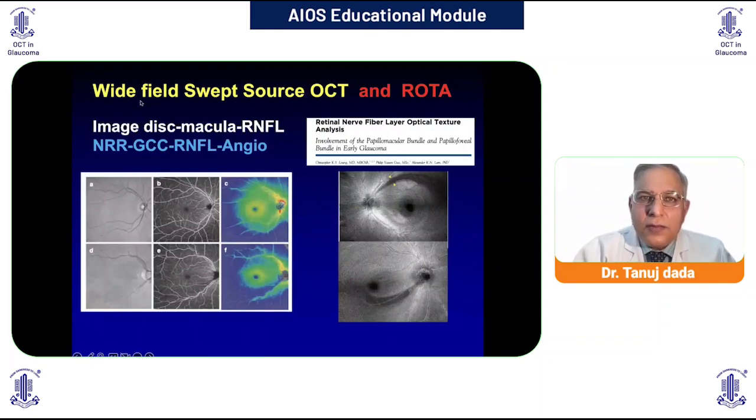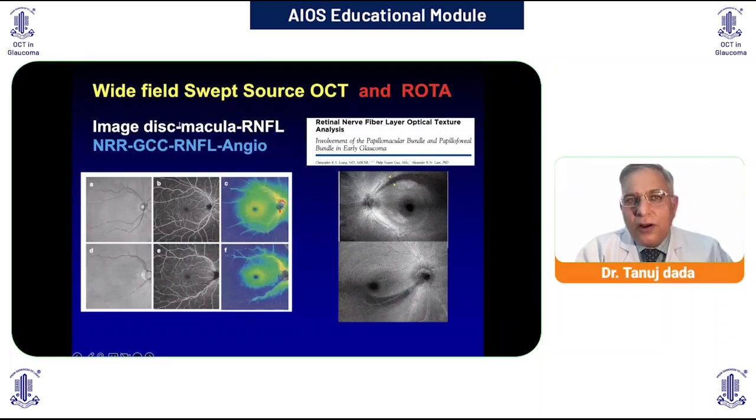And you're going to have the wide field swept source OCT being used, because here you can diagnose in one scan. You can take an image of the disc, the macula, the RNFL, and also have an overlay of the vascular changes. So you have a loss of the vascular supply, loss of the retinal nerve fiber layer, and corresponding changes in the ganglion cell and the neuroretinal rim, all being picked up with one scan, corroborating with the loss of the vasculature.